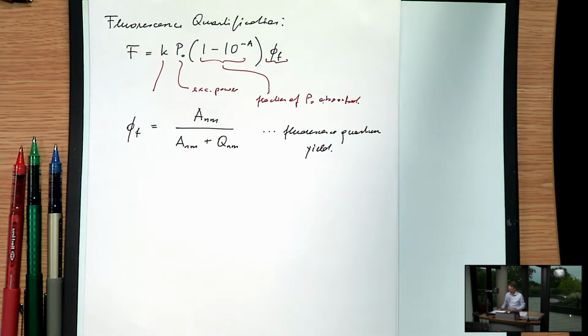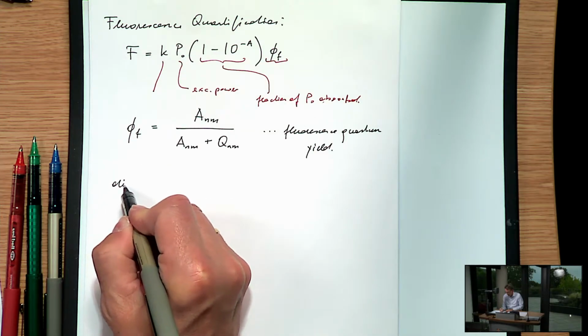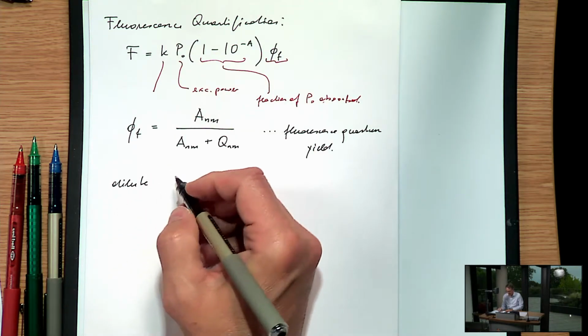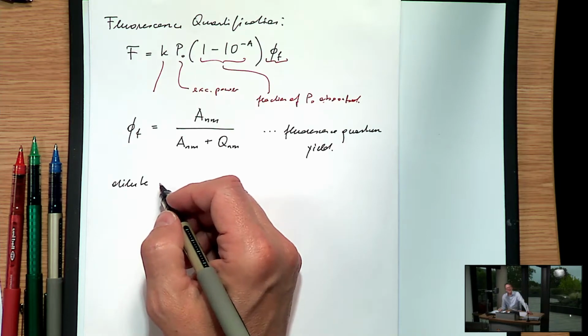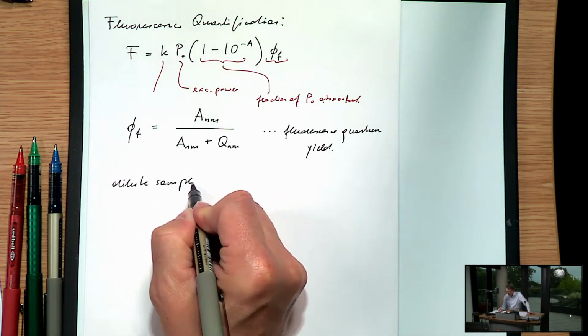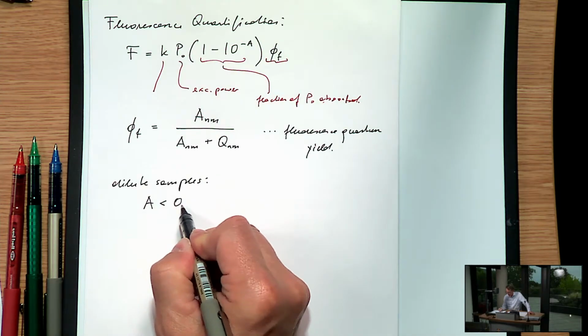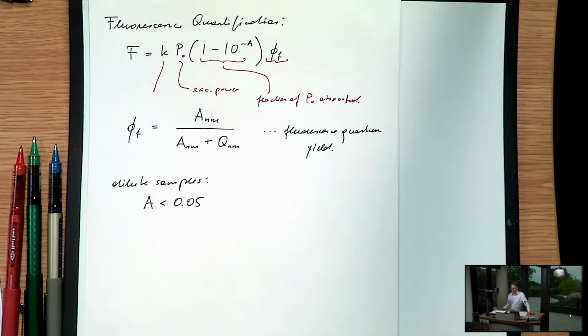And how we can actually measure what the efficiency of a fluorophore is using that method. So for dilute samples, i.e. samples for which the absorbance is really small, let's suppose that for samples where A is much less than 0.05, less than 5%, so less than 5% of the sample is excited.